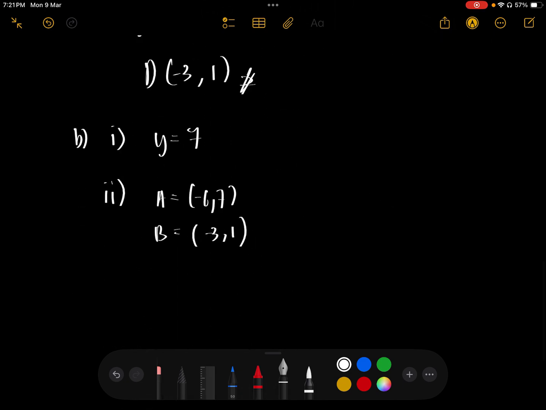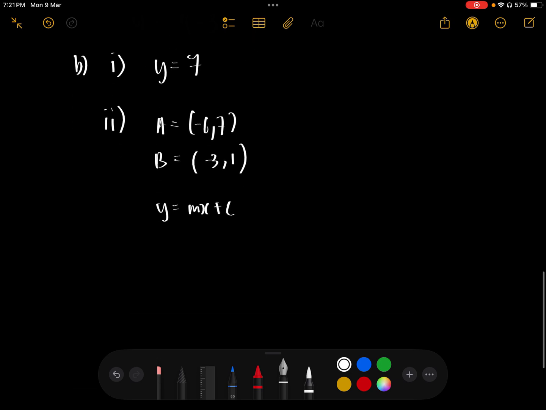How to find the equation of a line when it's not a vertical straight line or a horizontal straight line? Remember, y equals to mx plus c. A reminder, m equals to gradient, c equals to the y-intercept.